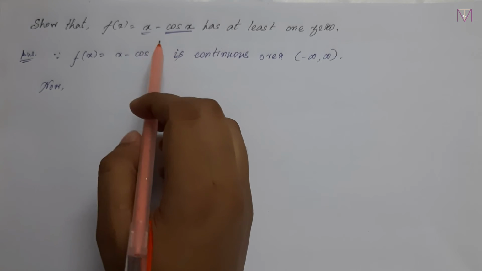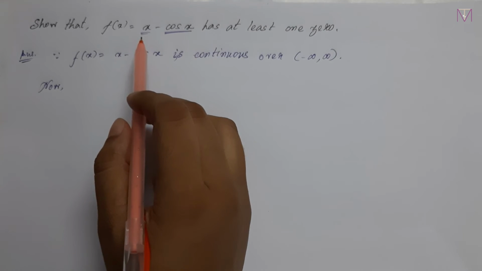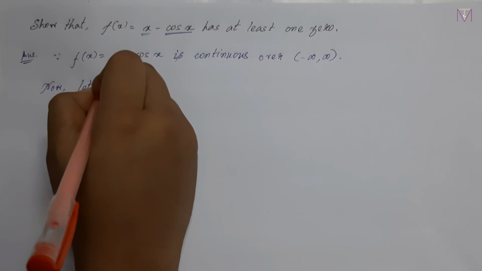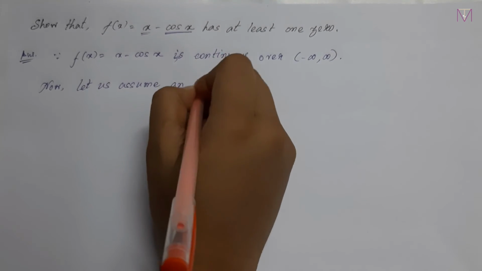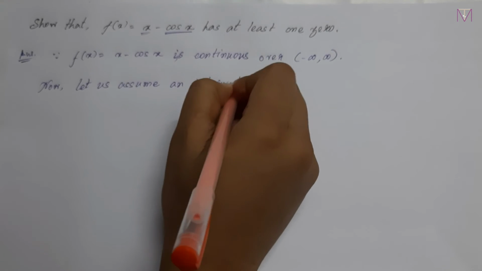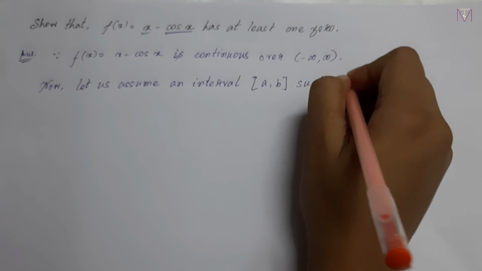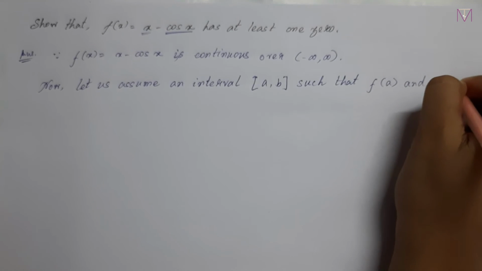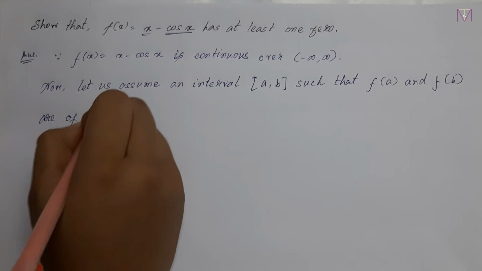Now we have to consider an interval where two values of f(x) will be of opposite sign. So let us assume a closed interval [a, b] such that f(a) and f(b) are of opposite sign.